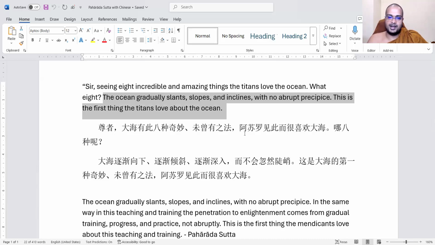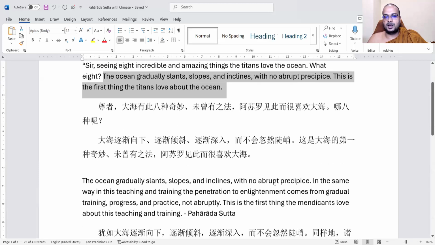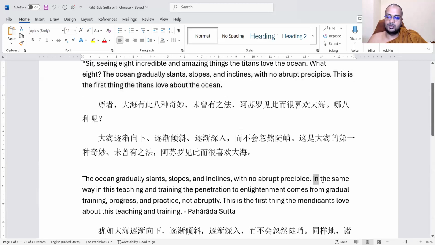Using the same analogy, our Lord Buddha explains: in the same way, in this teaching and training, the penetration to enlightenment comes from gradual training, progress, and practice, not abruptly. This is the first thing that the mendicants, the monks, love about this teaching and training.